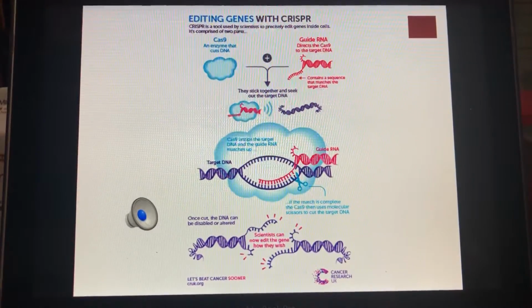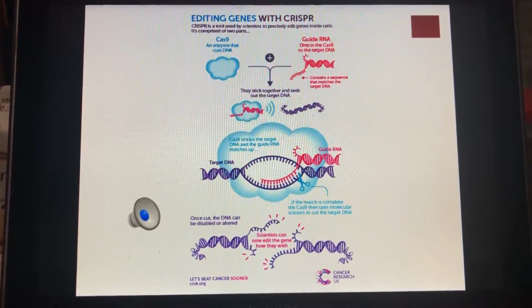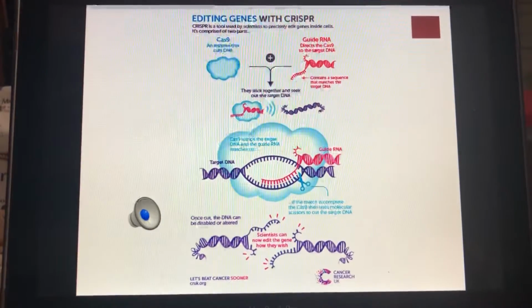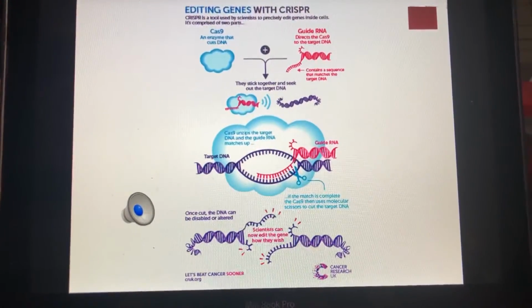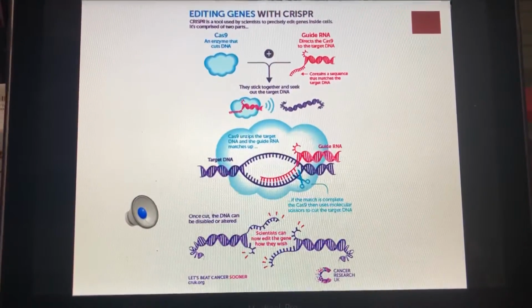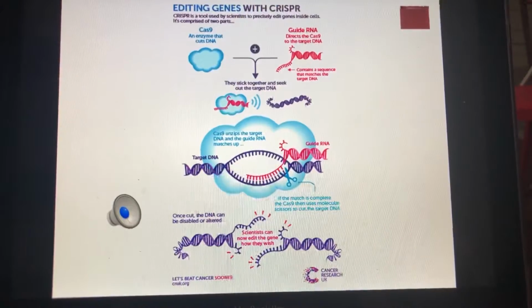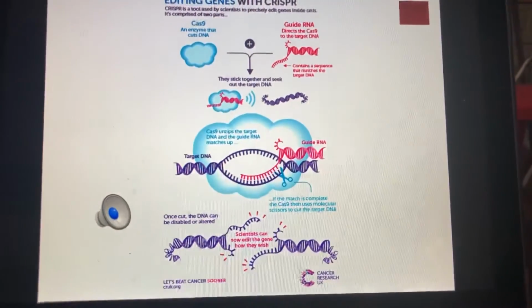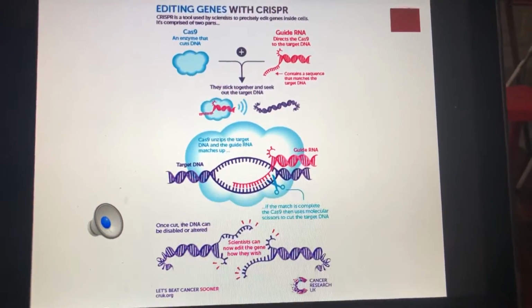What they did was extract immune cells from the patient's blood, and they used CRISPR to add a gene sequence which will help the patient's immune system target and destroy the cancer cells when it is reinfused into the patient's bloodstream. So the next slide is another simplified version of this slide, which better explains how this tool is editing these genes in cancer patients.